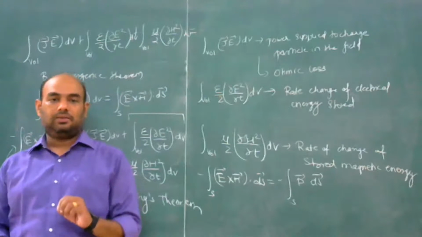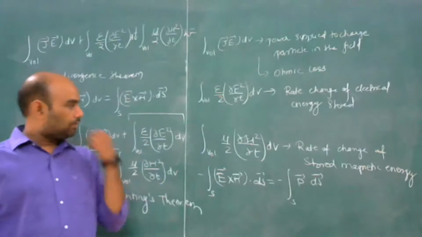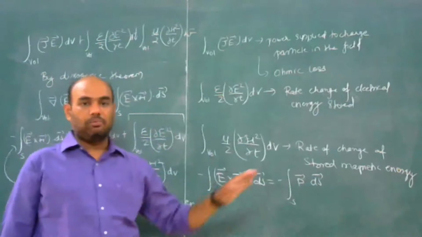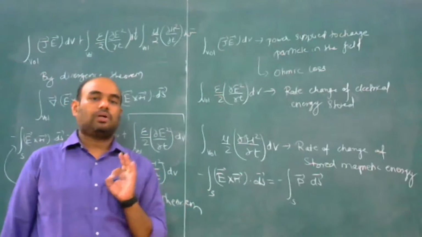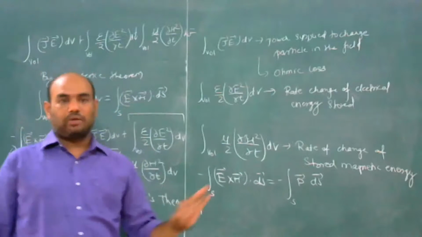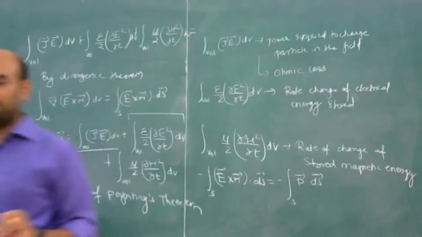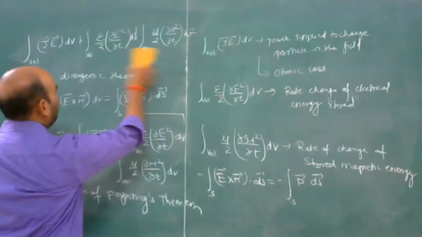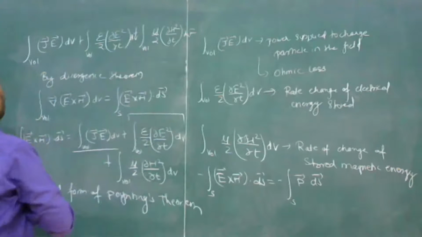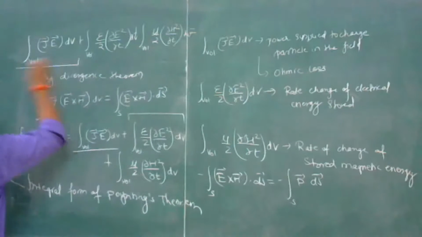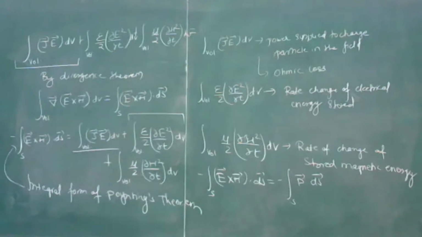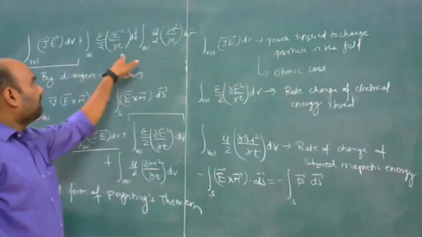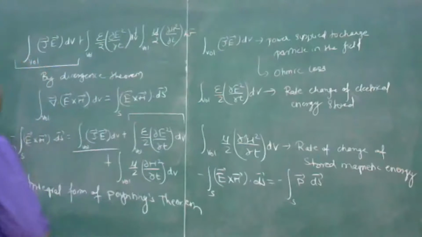magnetic field. Okay, and for a static field, I have said that this is only applicable for time varying fields, and if you want to write the equation for a static field, these two terms are time varying. The only term which is independent of time is this one. So E is time varying and H is a time varying field here.